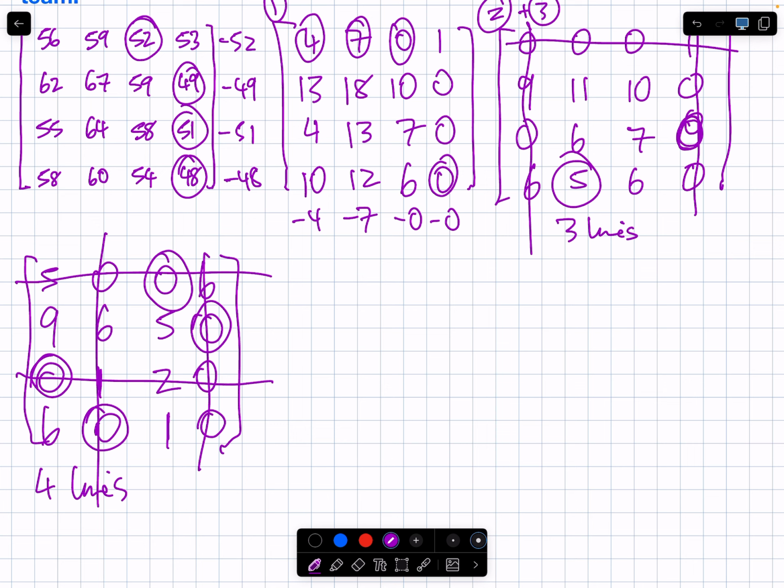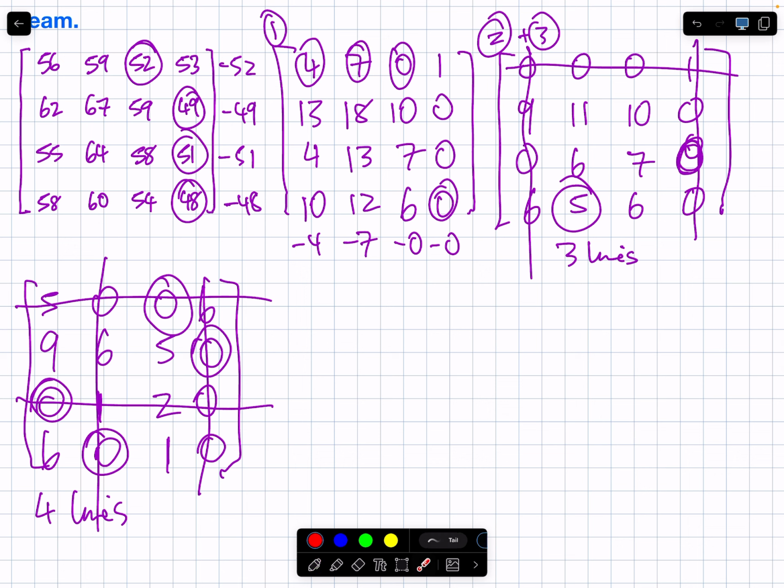If I apply that pattern to the original, this isn't the OG matrix anymore. The OG matrix, we did subtractions. But if I apply that pattern, I should have used different colors, my bad. I'll apply the pattern in red: 55, 60, 52, 49. That should be the answer that our student provided, and you don't need to question it. Okay?